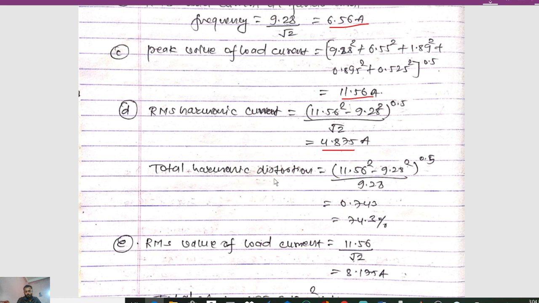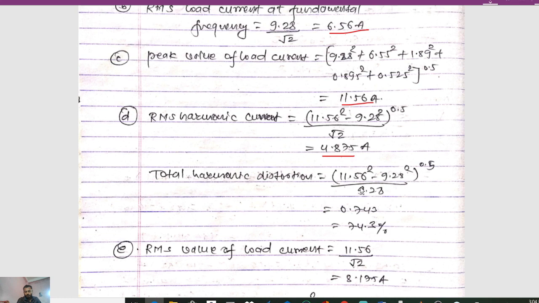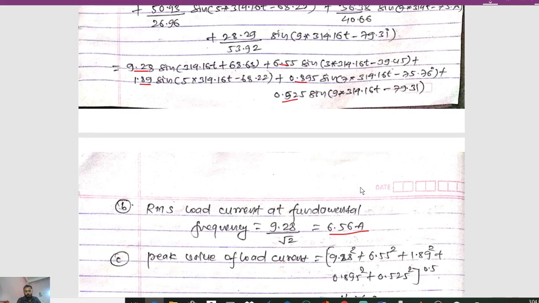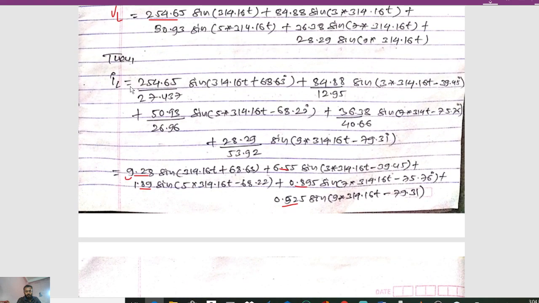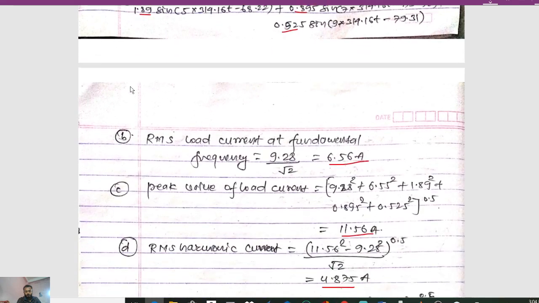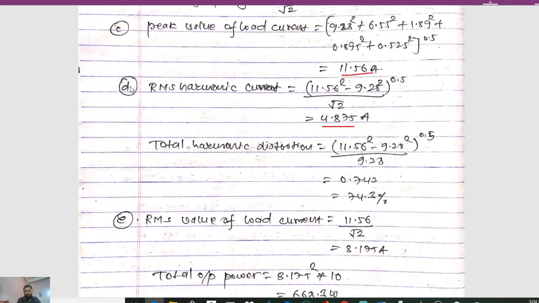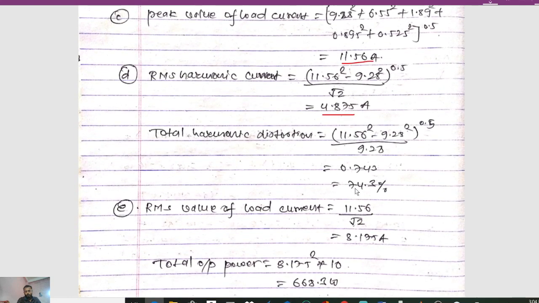And the total harmonic distortion will be 11.56 square minus this 9.28 square to the power 0.5 upon this value, means at n equals 1 its respective value of IL. So the harmonic distortion will be 74.3%.